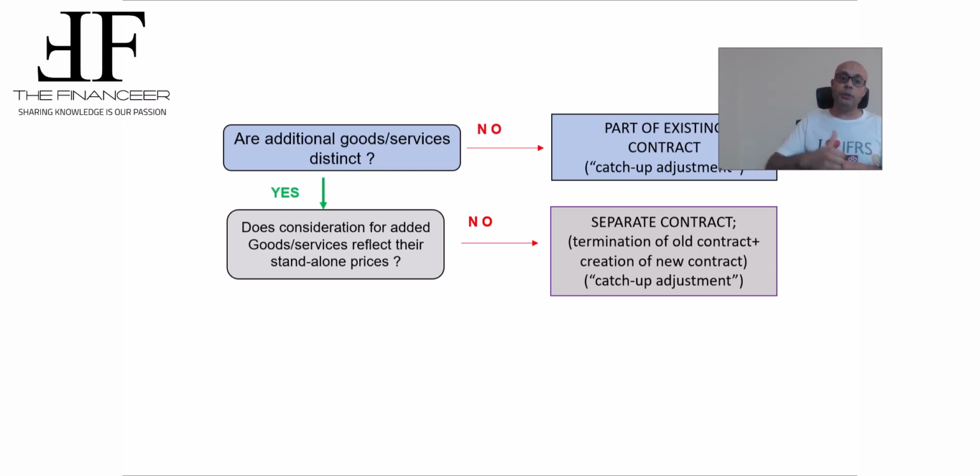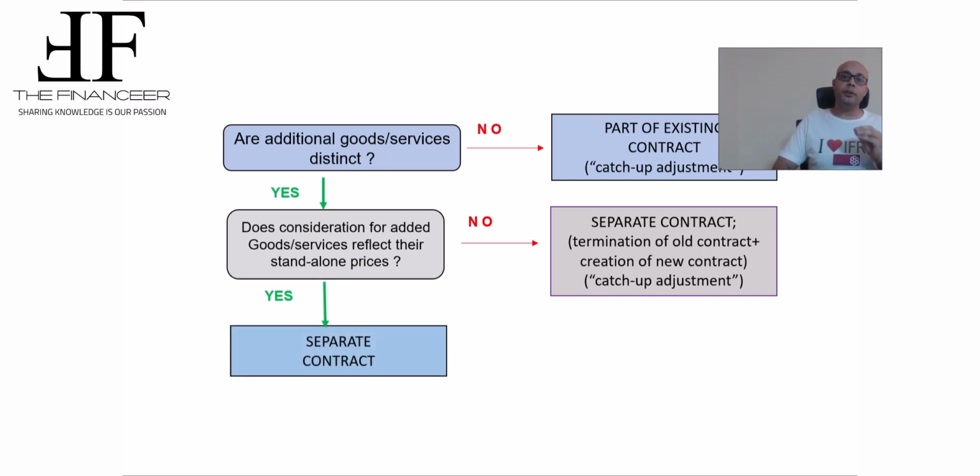So you have to terminate the original contract, and we are going to explain all of this in a case study. But if the answer is yes, the additional product and the services are being sold at a standalone selling price, reflecting the current selling price, then in this case you have a separate contract for this additional product and services.